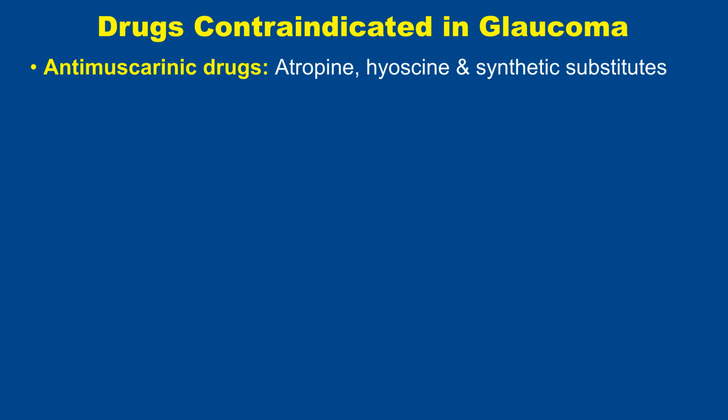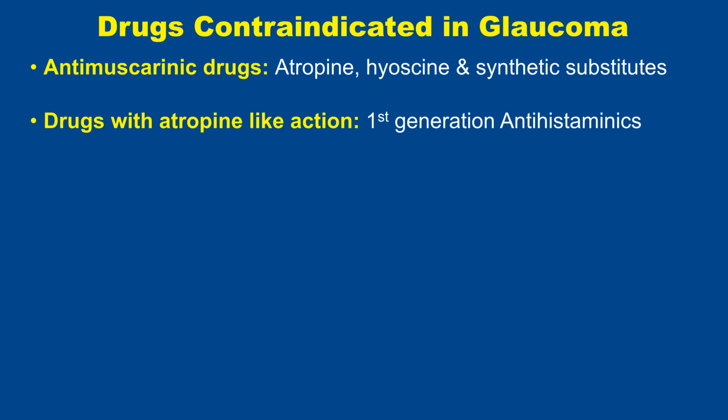Here is the list of drugs contraindicated in glaucoma. It includes antimuscarinic drugs like atropine, hyoscine, and also synthetic substances. Drugs with atropine-like actions, like first generation antihistaminic drugs such as chlorpheniramine, dimenhydrinate, diphenhydramine, promethazine.